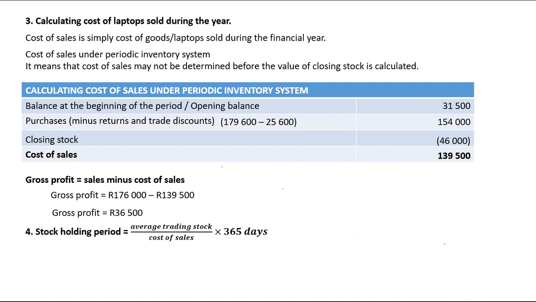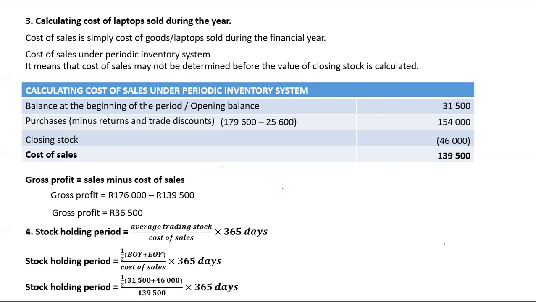When you calculate stock holding period, this is the formula that you have to use: average trading stock divided by cost of sales. Average trading stock is simply the balance of trading stock at the beginning of the year, which was 31,500, plus the balance of closing stock, which was 46,000. You add the two, divide by cost of sales of 139,500, and multiply by 365.